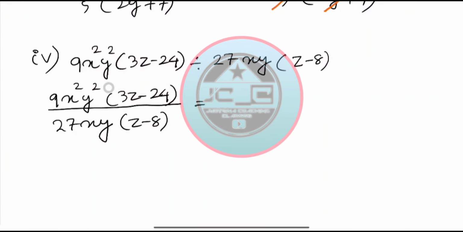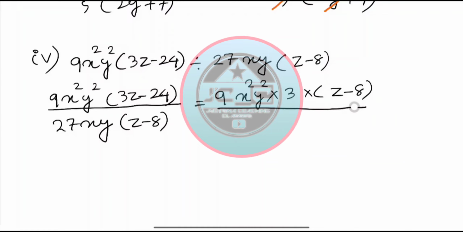Now question number 3, part IV: 9x square y square whole into (3z minus 24) by 27xy into (z minus 8). Now what should be taken common? Out of the polynomial 3z minus 24, we take common 3. After taking 3 out, we have z minus 8 remaining with us. Now this is 27 into xy into z minus 8.